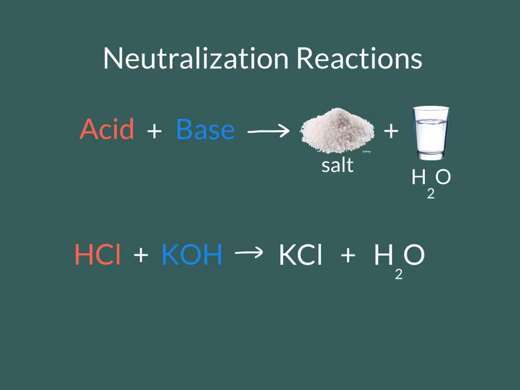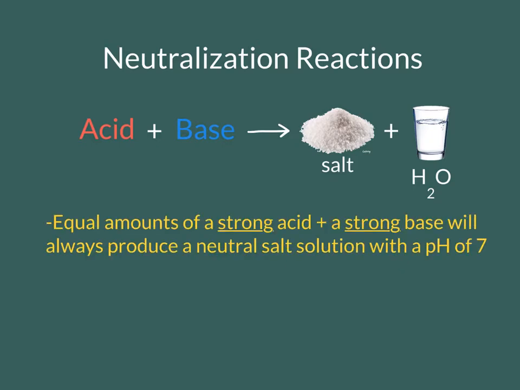The last thing to note about neutralization reactions is that if they occur between equal amounts of a strong acid and a strong base, then both the acid and base at the conclusion of the reaction are said to be neutralized, and the resulting solution will have a pH of 7.